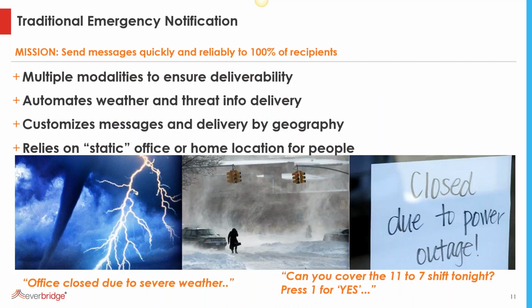So what have they been doing traditionally? Traditionally, companies have been using an EMNS system, an emergency mass notification system. An emergency mass notification system relies on data being imported from an HR system, and that HR system usually has the employee's work location.